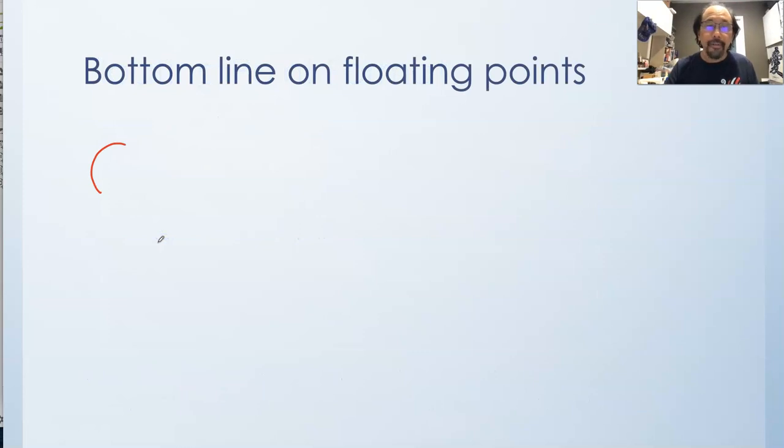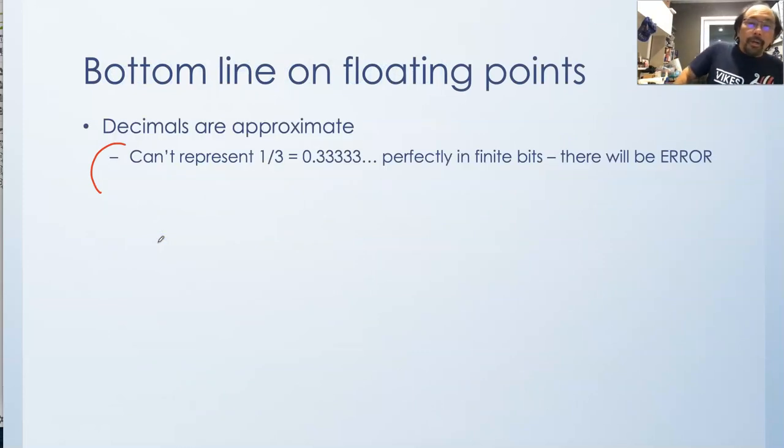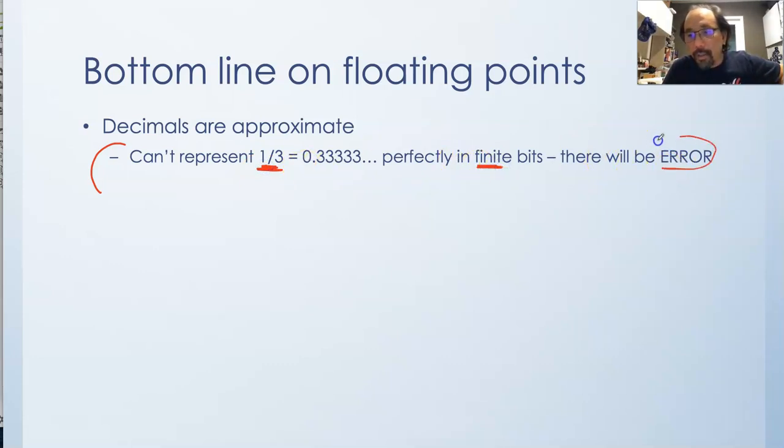So the bottom line on floating point: remember two things. First, it's always approximate. We cannot represent some values perfectly in a finite number of bits. There will always be some amount of error that you need to understand, so don't depend on it being exactly correct.